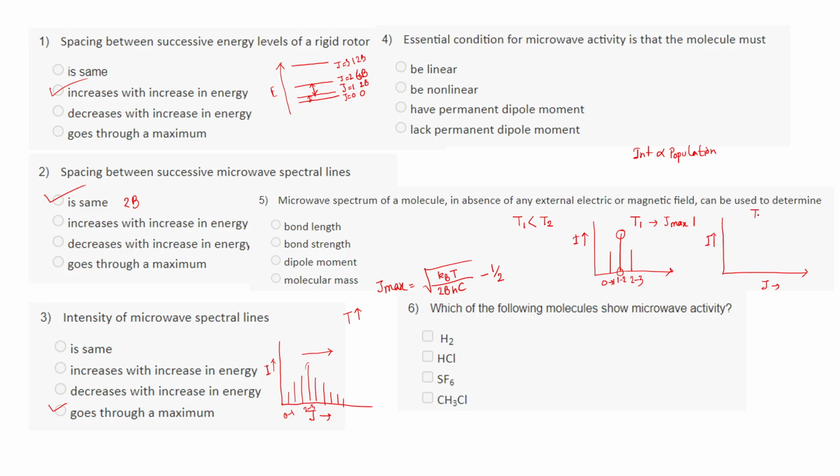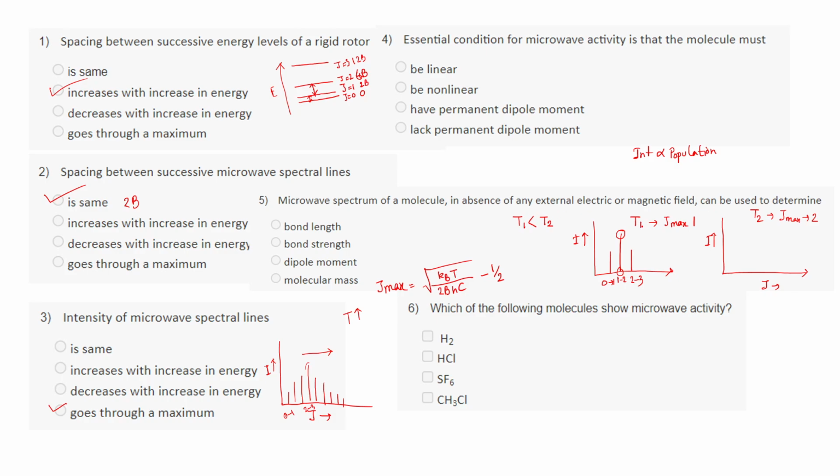For T2 your J max will increase, suppose shifted to 2. So what do you expect? Is this step clear, that T2 is greater than T1?